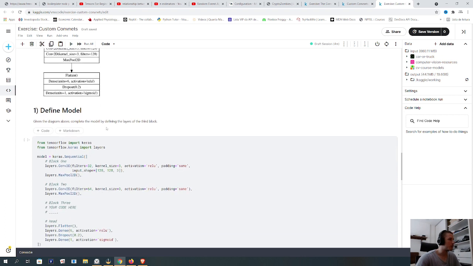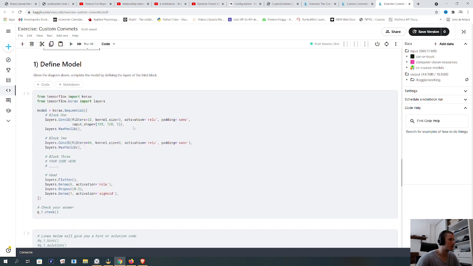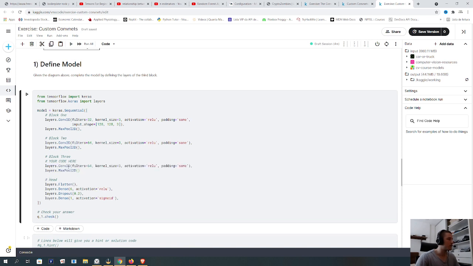Define model. Given the diagram above, complete the model by defining the layers of the third block. So block 1 has the input shape here, filters 32, 64. So it's going to be filters 128, just double, same kernel size, activation relu, padding same.